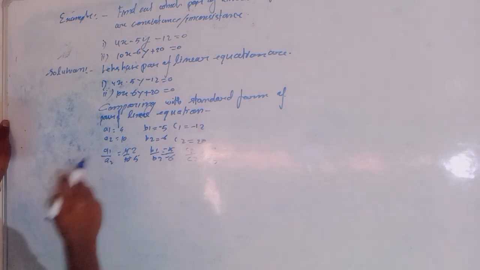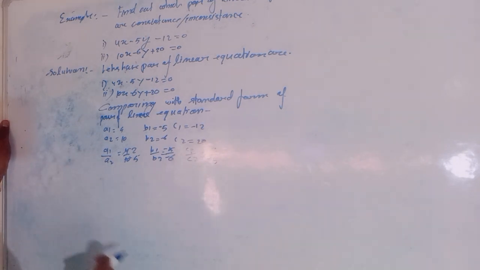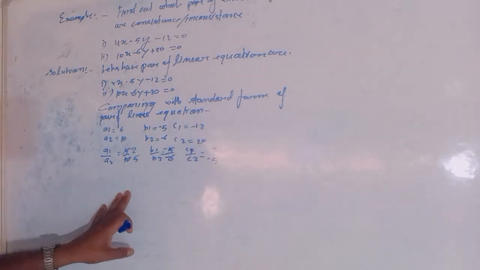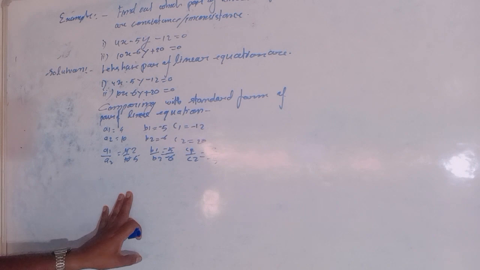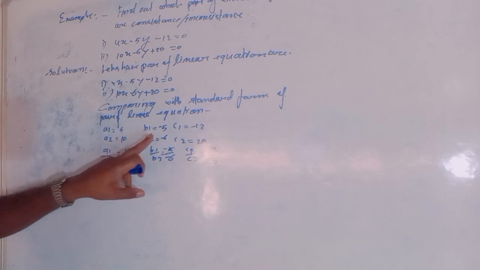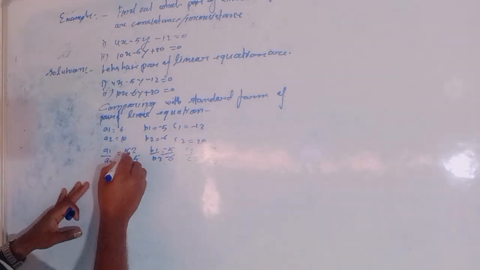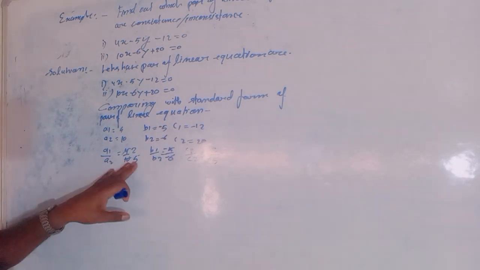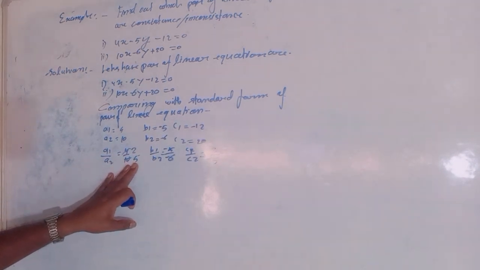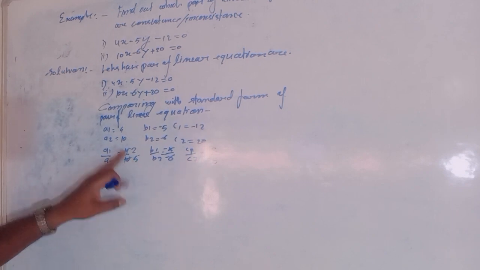So if we see both equations, we will find which type of equations they are. Here 2 2s are 4, 2 5s are 10, so we compare both equations.